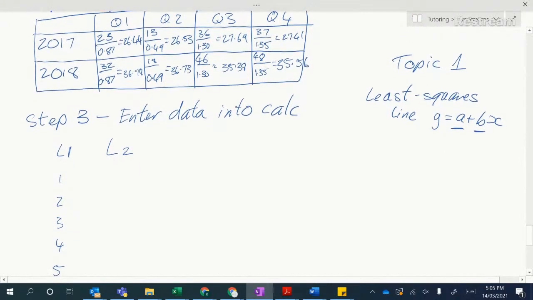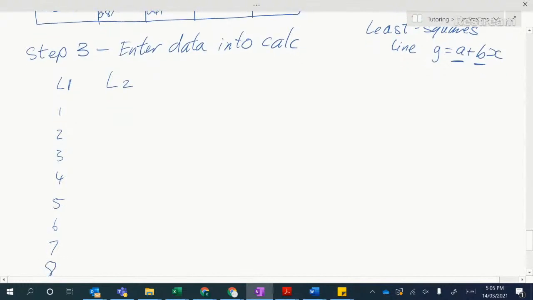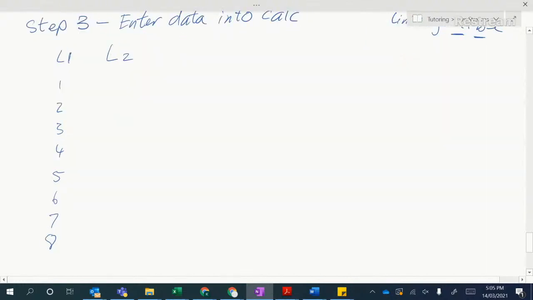The reason we put the deseasonalized data in and not the raw data is because it's more accurate if we remove the seasonal variation. Okay, so you're going to want to put that data in there, okay, so you're entering that into your calculator in the data button.